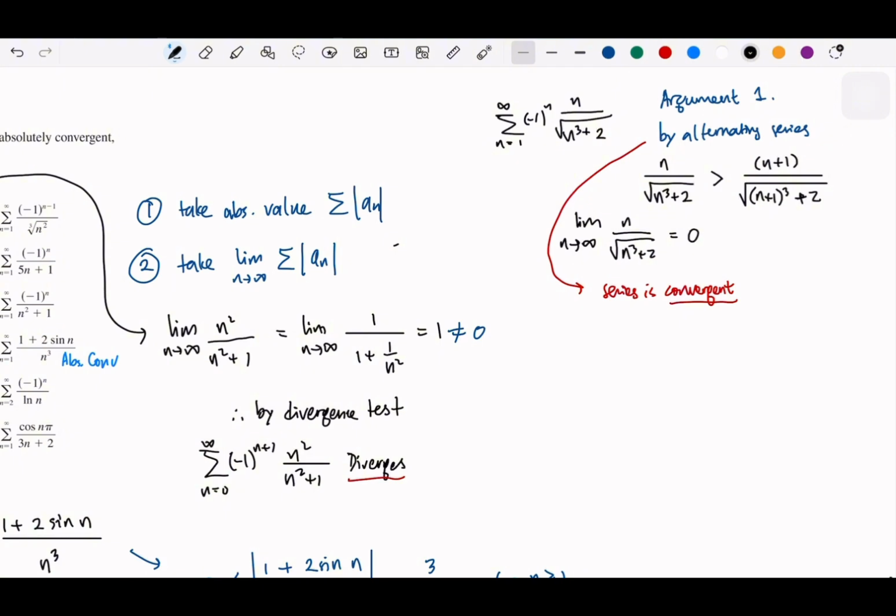So we take the absolute value. Let's take the a_n as this. So this is argument 2.